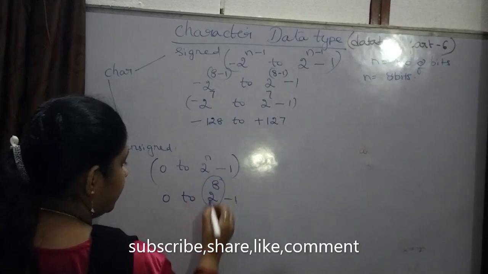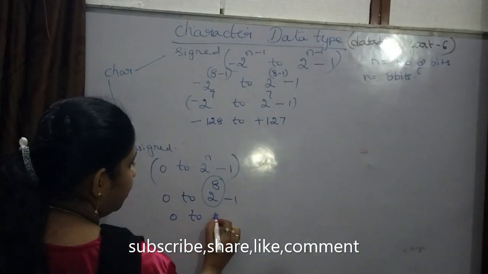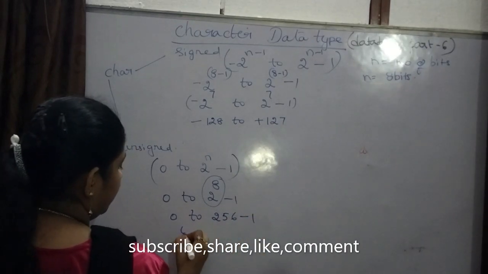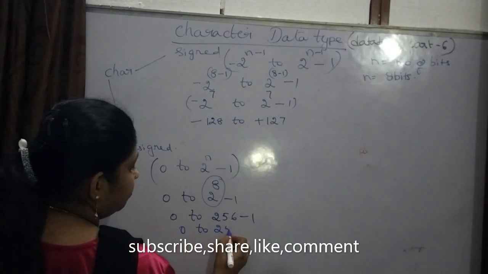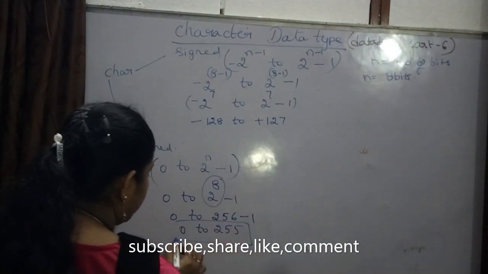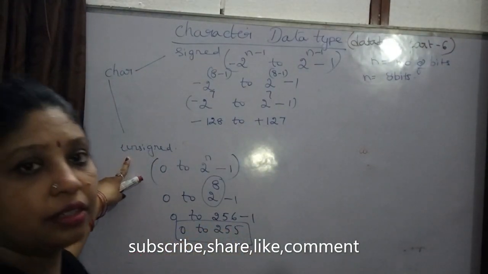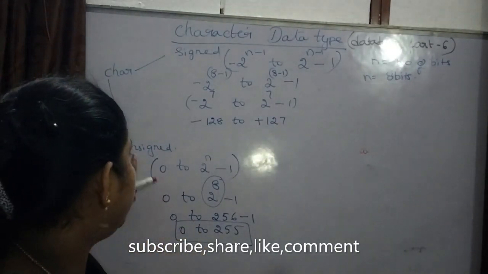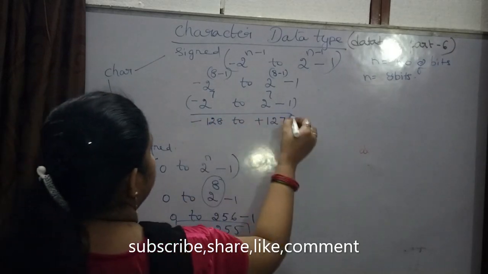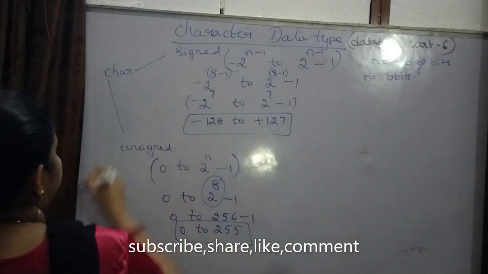If you calculate, you get 256 minus 1, so 0 to 255. So this is the range for unsigned char.